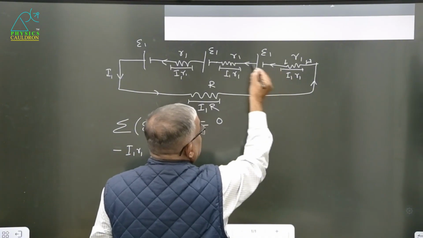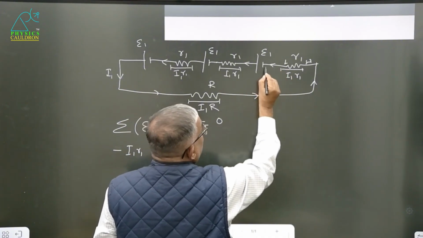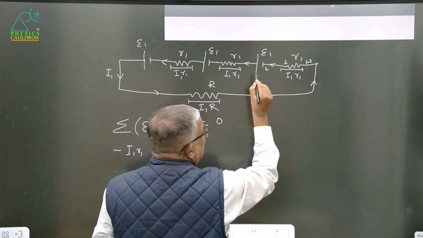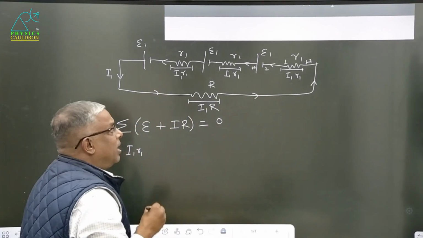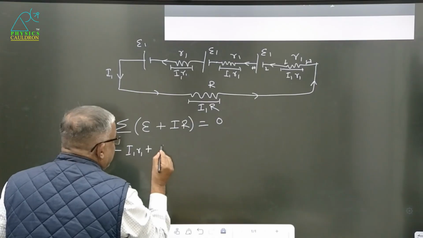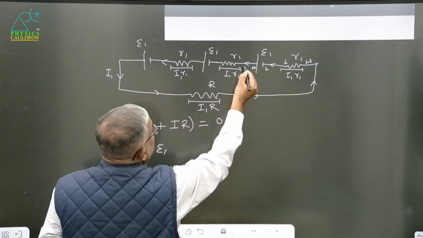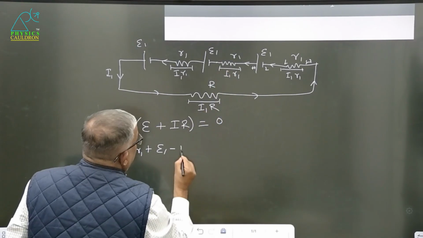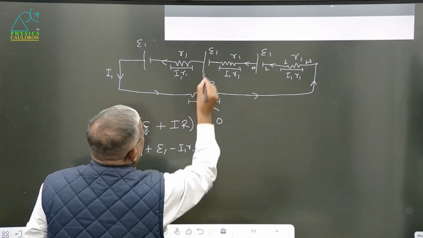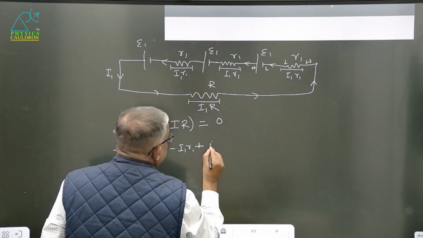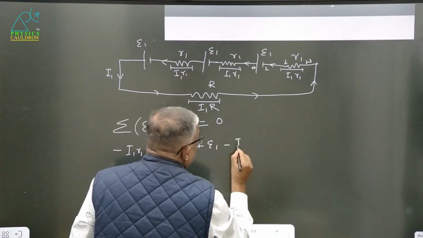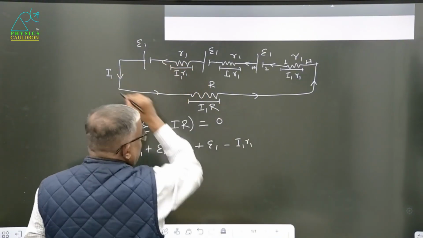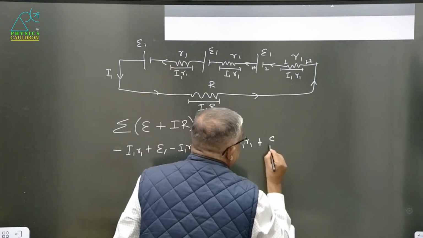In going from here to here, you are going from the negative terminal to the higher potential, positive terminal. So you are going up by E1. Same thing here, you go low, I1 R1, and here you go up, so plus E1. Again here you go low, that is I1 R1, and here you go up, that is plus E1.